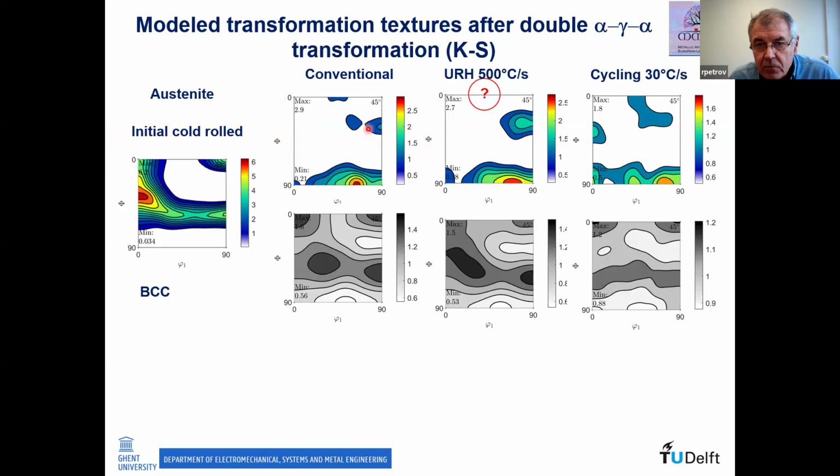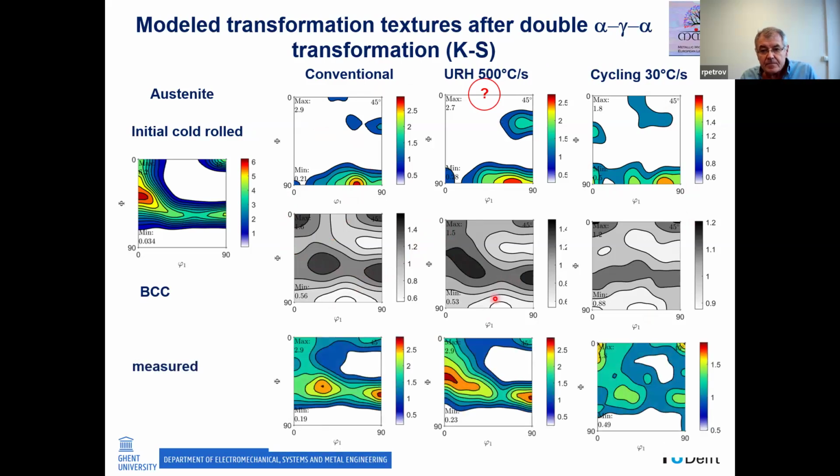He did the same for ultra fast heating, but said, okay, now we are not going to have this recrystallization because we suppose there is no recrystallization. And he stopped this. And then he made this for thermal cycling, again imposing this several times. And then he calculated back his transformation textures. All that you see here is calculation. And if you compare this with the measured textures, these are the results.